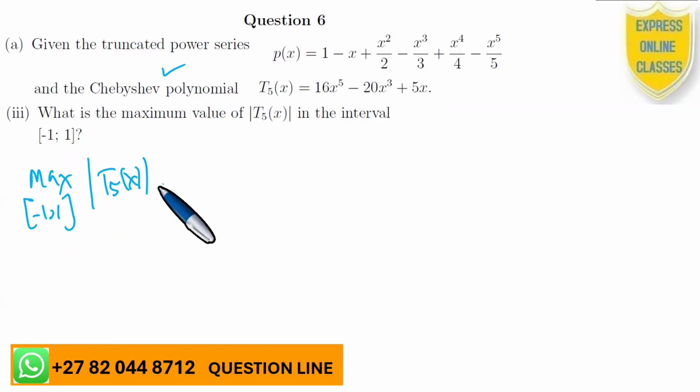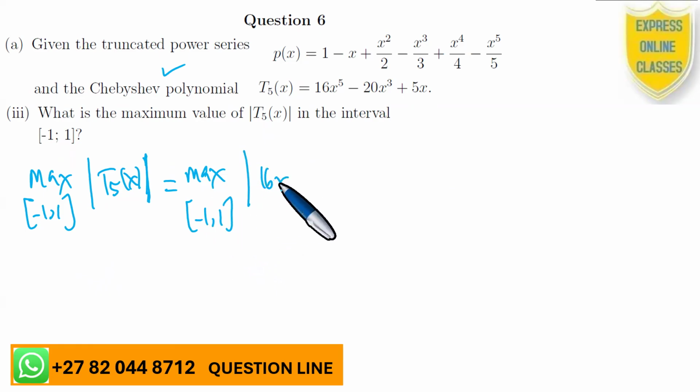So now at this point, what is then the modulus? The modulus therefore becomes the maximum. So it is 16x to the 5th power, minus 20 x cubed plus 5x. So what then is the maximum?